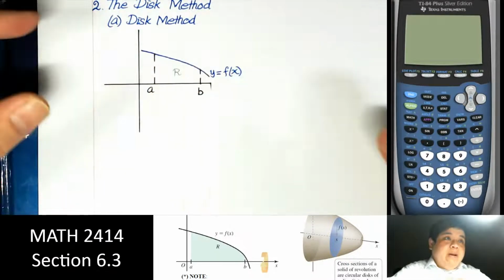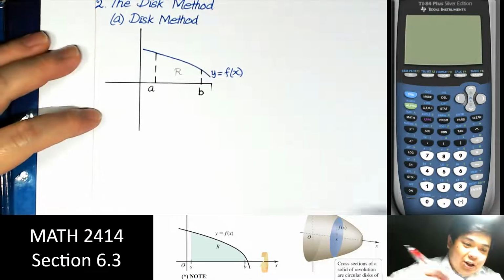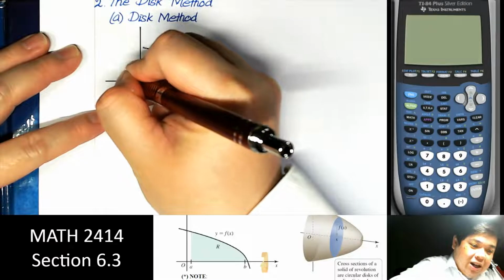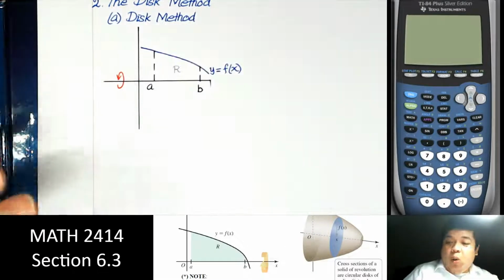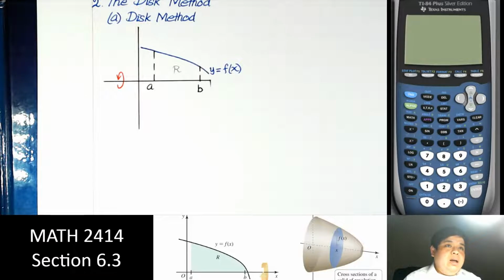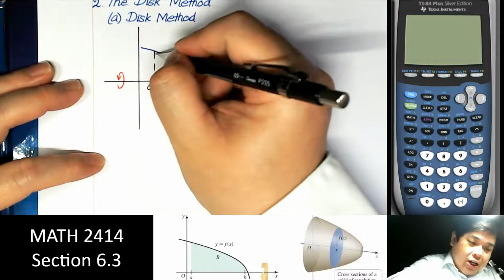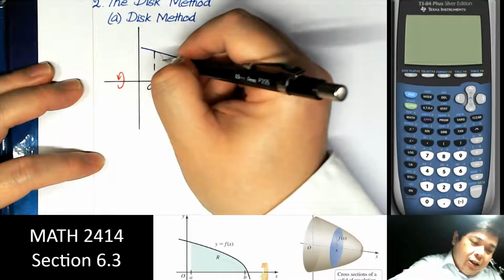Now imagine we rotate it around the x-axis. Clockwise or counterclockwise doesn't matter, but we rotate around the x-axis. So you see on the graph on that side, if we have the region R rotate around the x-axis, we're going to have more like a bullet shape.